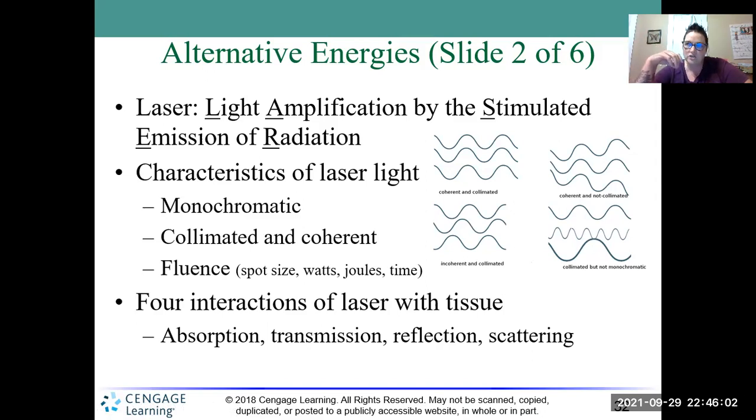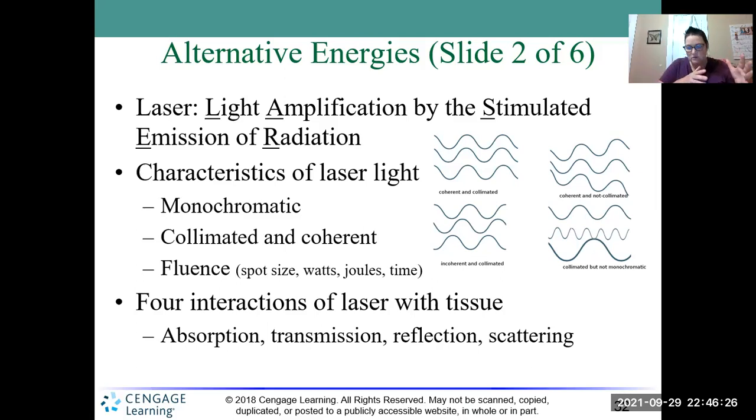And then reflection: sometimes reflection is used so that precision is there, so they can reflect a laser off of one tissue onto another. But reflection is also something that could be a side effect, and something that could be an error. So it can work in both ways.